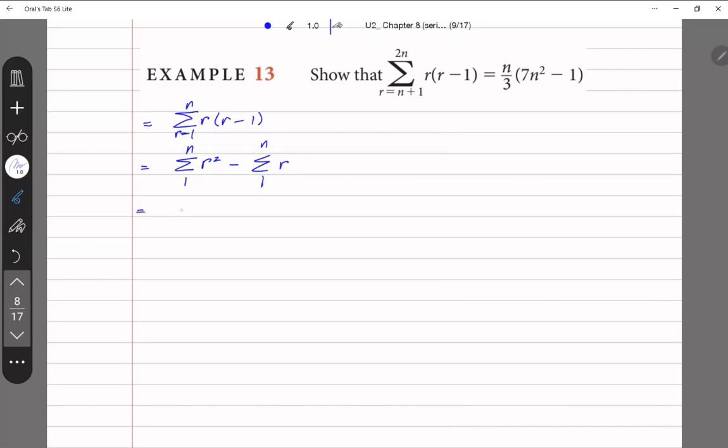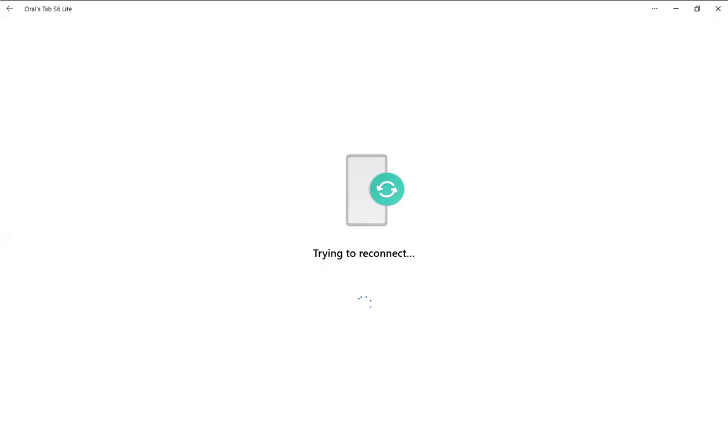Now, this would be n into n plus 1 times 2n plus 1 all over 6 minus n into n plus 1 all over 2.